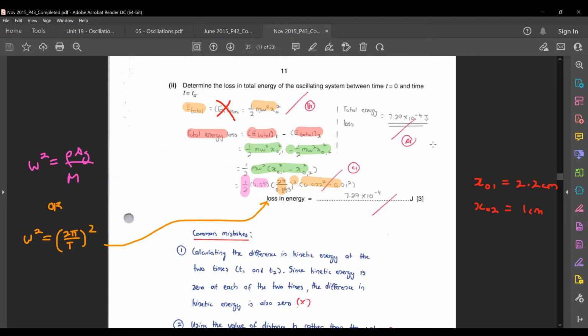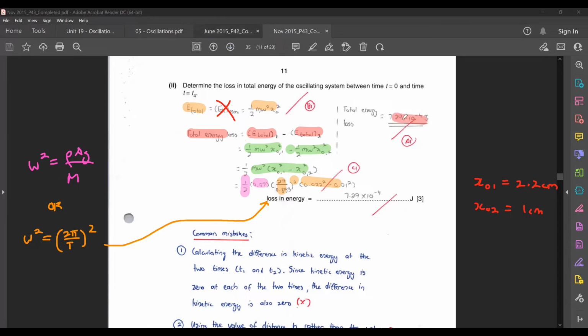Eventually, you will get your final answer as 7.29 times 10 to the power minus 4 joules. So this one is for this question. Okay, this one is all right.